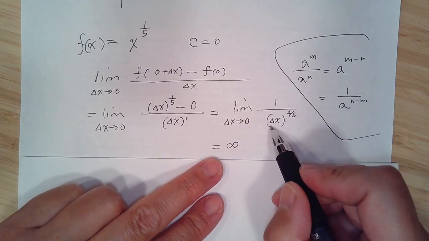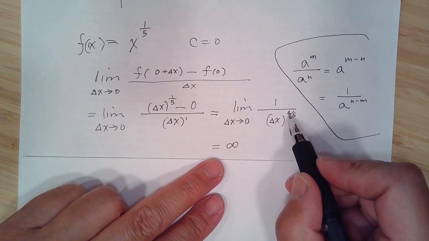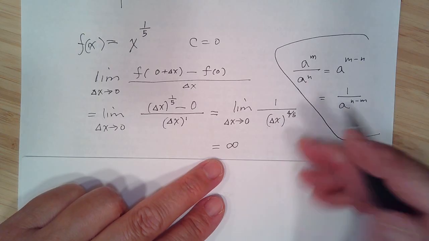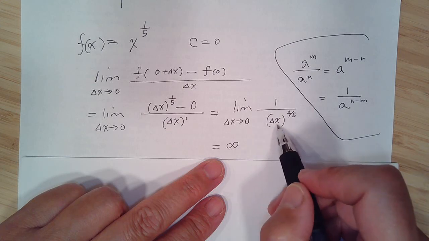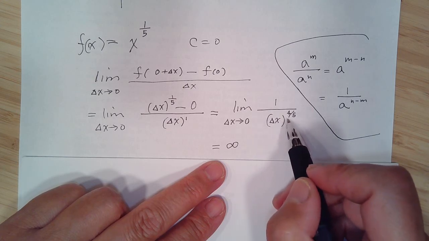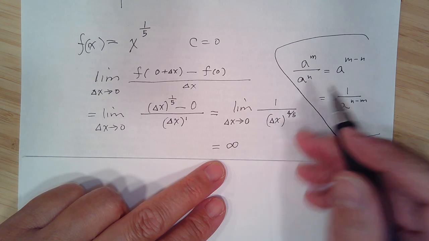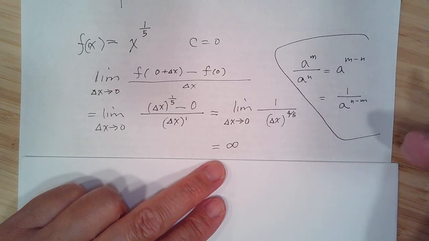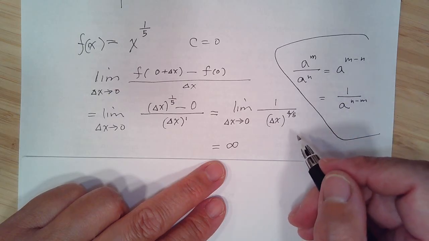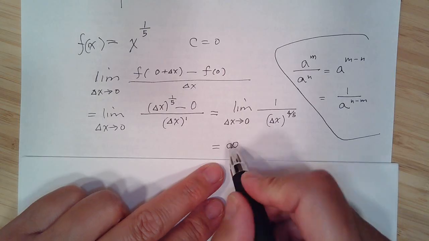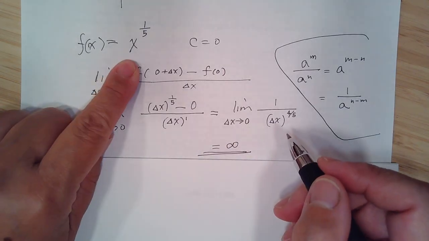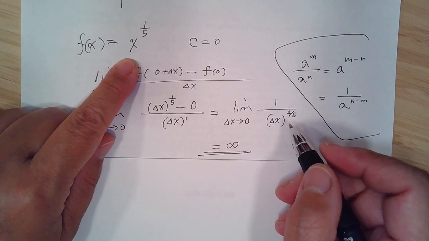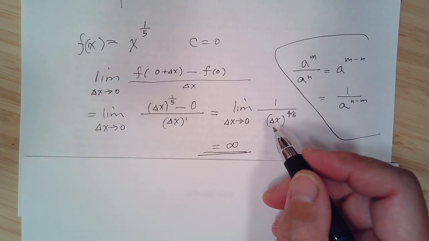When delta x is approaching 0 from the positive side, because there's a 4 here, this is going to be like a positive 0, so that's a positive infinity. And when x is from the negative side, there's a 4 here, again an even power, and that will give you also positive. So this is just infinity. That means this function is not differentiable.